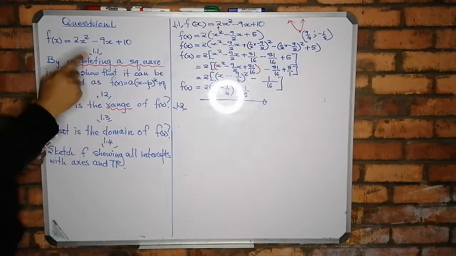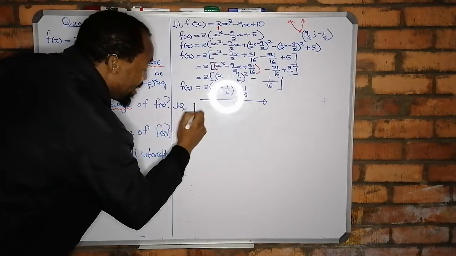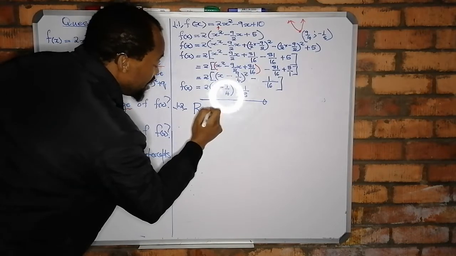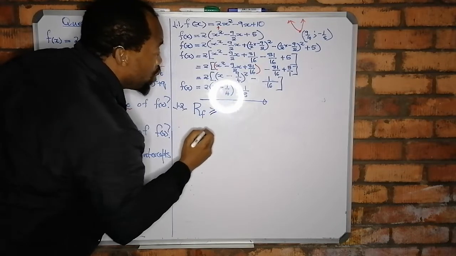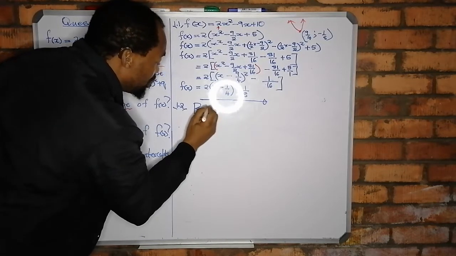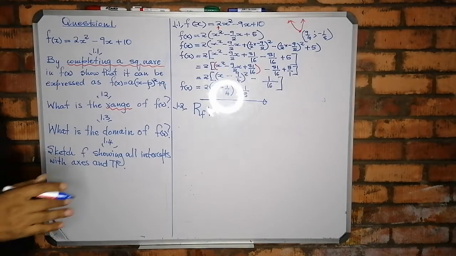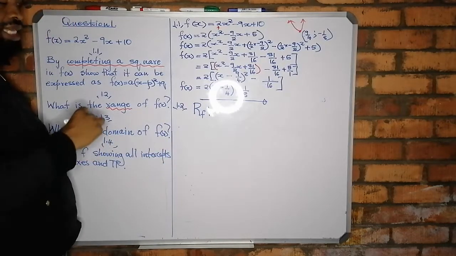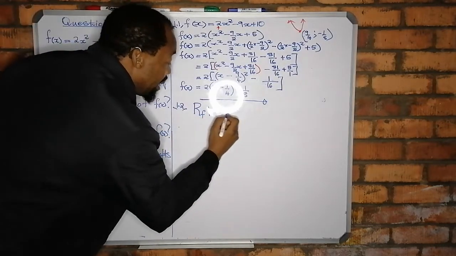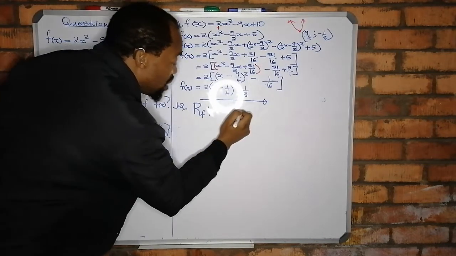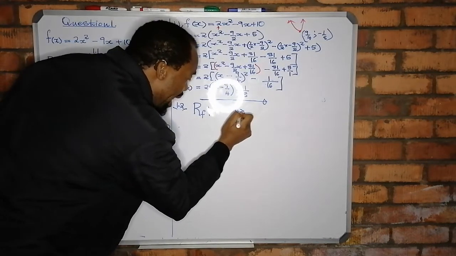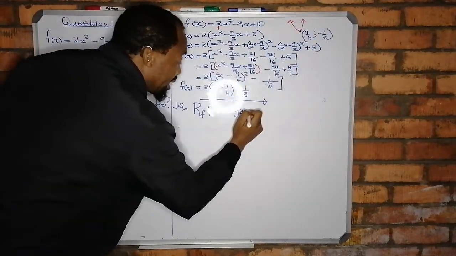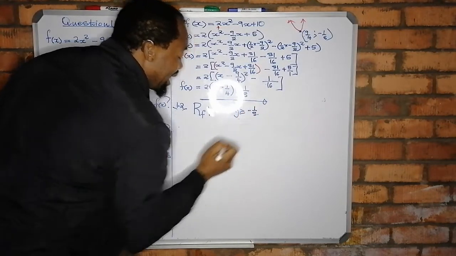Now, I am giving the range of f. The range of f would be greater or equals to, okay, let's write it in an international way. It means the value of y would be greater and equals to, because this value is also equals to that, minus 1 divided by 8.